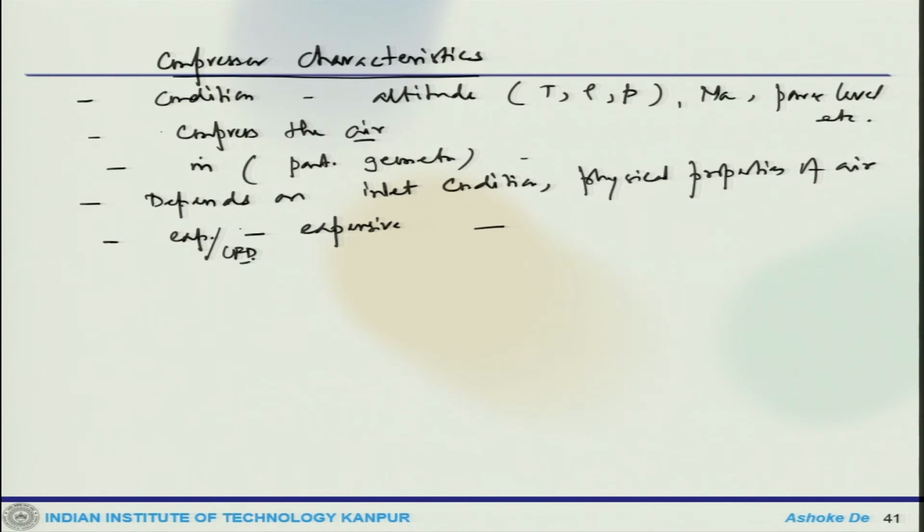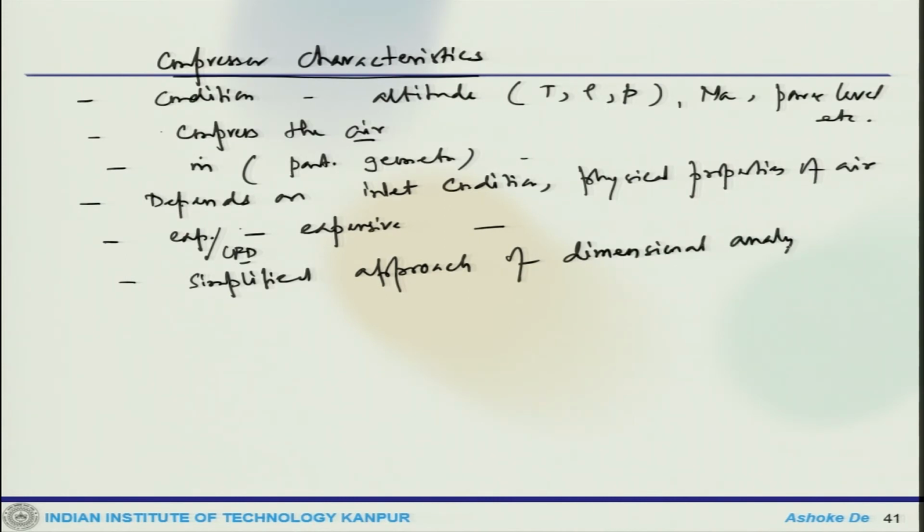So, the best approach which could be there is a simplified approach of dimensional analysis. So, this is what one can do and find out these things. Using dimensional analysis, the complete characteristics of a compressor can be presented using two curves, with the variations of the other parameters.